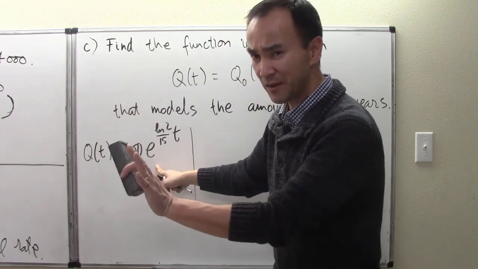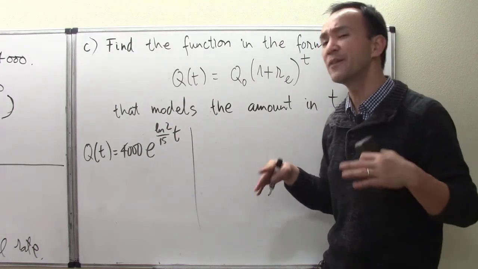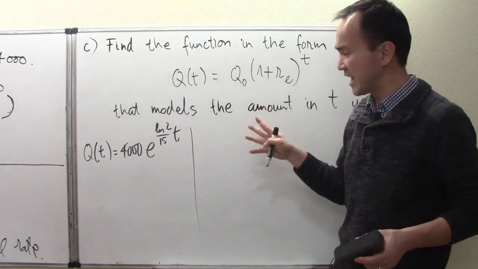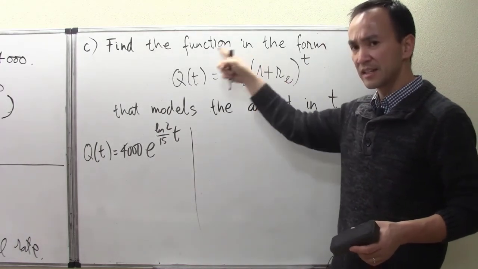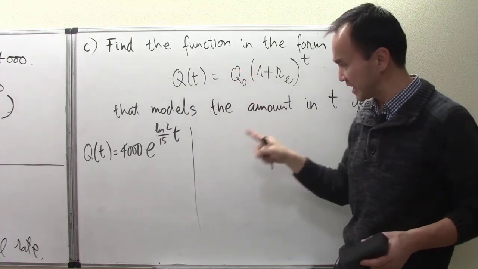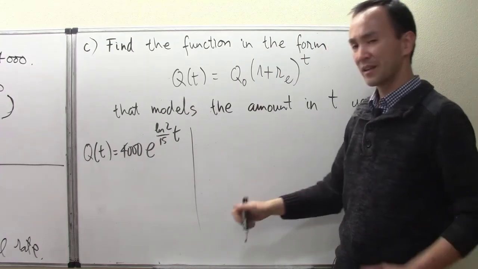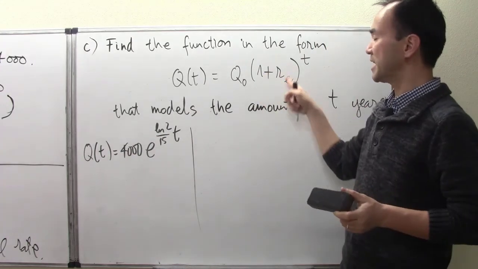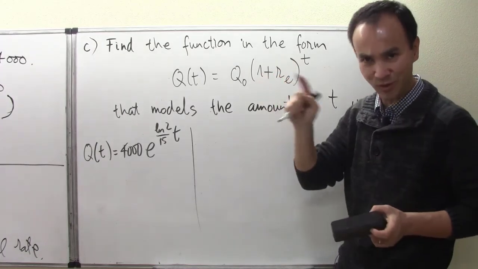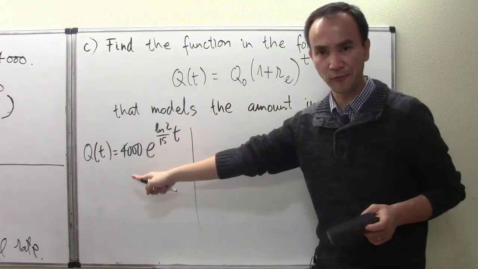So now the difference is that we want a different expression of the function, one that models the exact same thing. It still models Q, the amount in t years, but in the base 1 plus the effective rate. Q sub 0 is still going to be the same, 4,000.